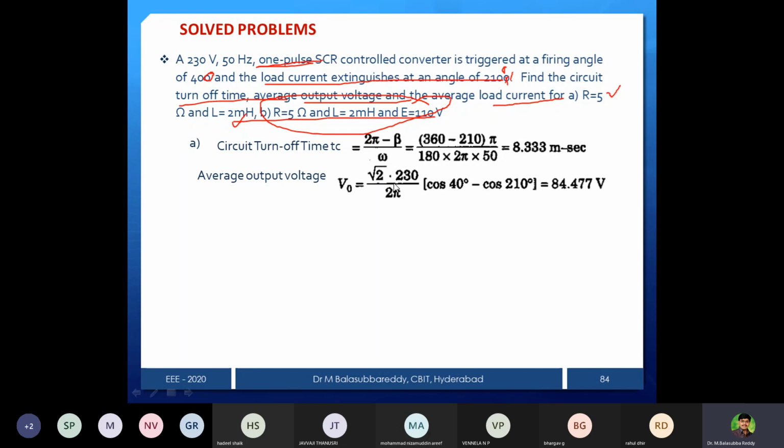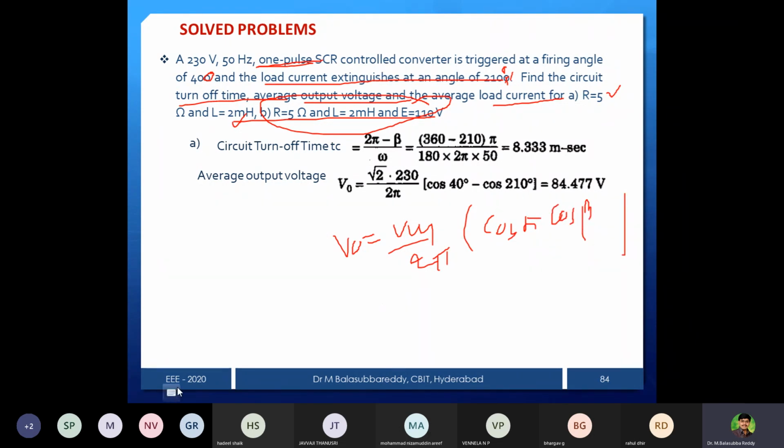For the average expression, Vm by 2 pi into (cos alpha minus cos beta), only formulas, that's all. So V out or VDC is equal to Vm by 2 pi into (cos alpha minus cos beta).